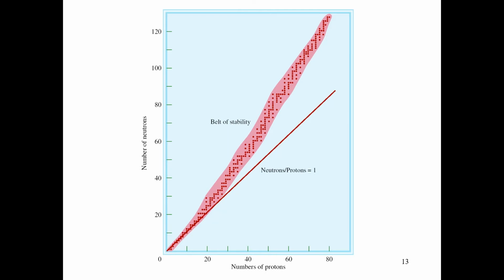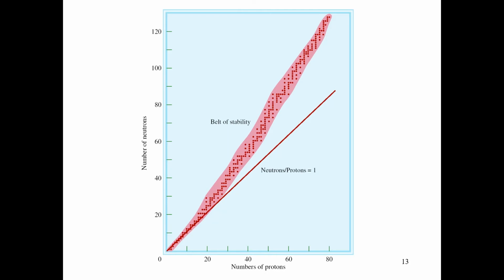And so we start out by measuring for different types of elements here on the bottom. In other words, the number of protons is the atomic number, which is the identity of the element. Then we look at all the various isotopes of each one of those elements, and we calculate here on the y-axis the number of neutrons.